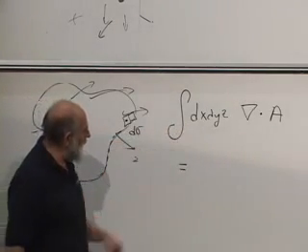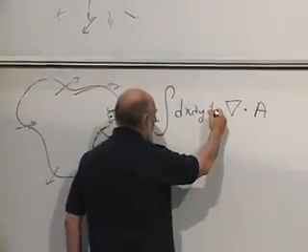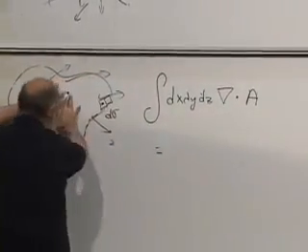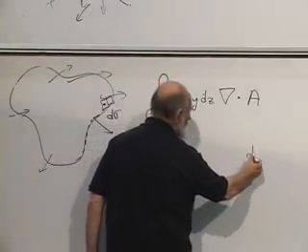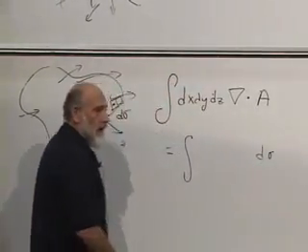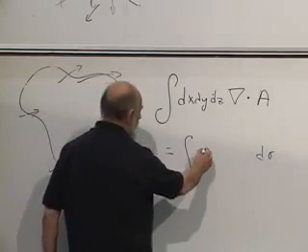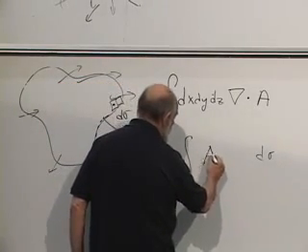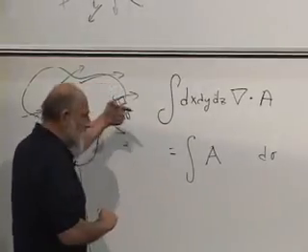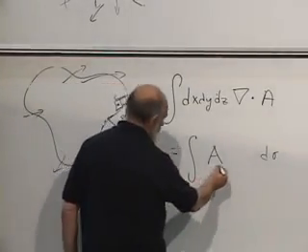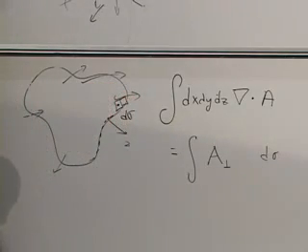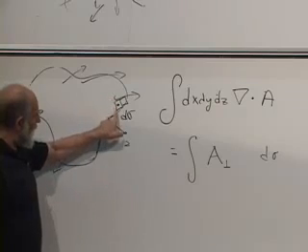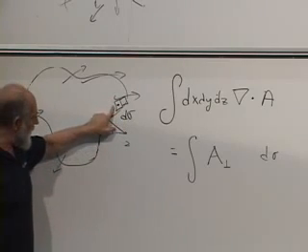This three-dimensional integral over the interior here is equal to a two-dimensional integral, d sigma, over the surface, and it is just the component of A perpendicular to the surface. Let's call it A perpendicular to the surface, d sigma. A perpendicular to the surface is the amount of flow that's coming out of each one of these little boxes.